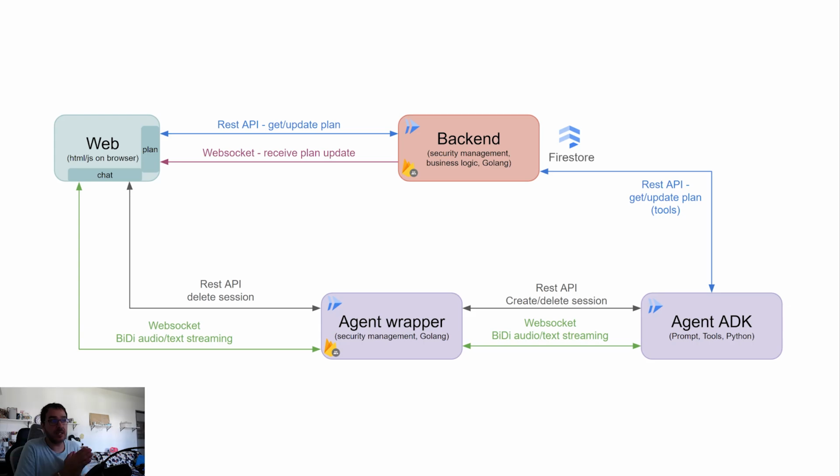That's why I also added a WebSocket to forward the update events from the backend to the agent wrapper, and the agent wrapper injects, in text version, not in audio version, the updated plan directly from the WebSocket into ADK. And ADK has the up-to-date plan like this. Because of this, I have synchronized data between the ADK, the web, and the backend.